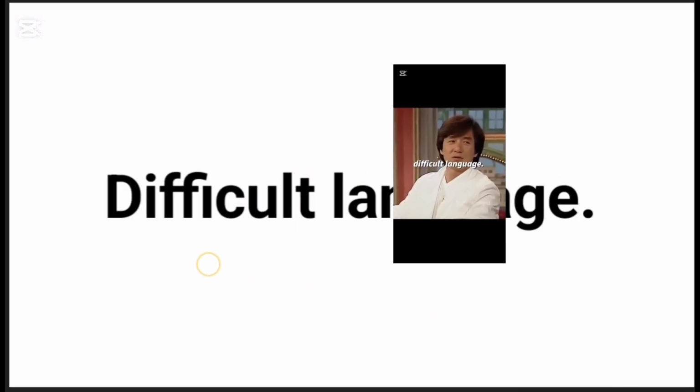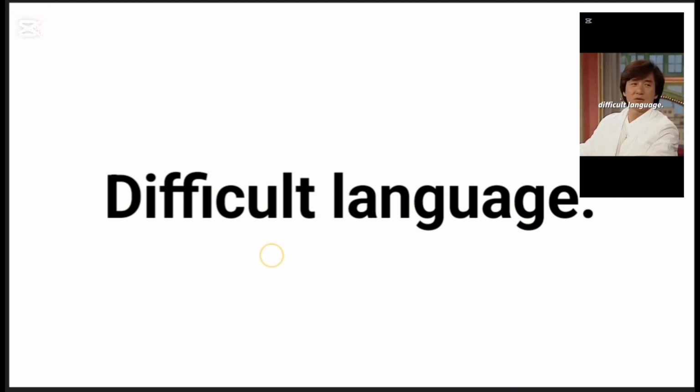He pronounced this, difficult language, and you notice he does not pronounce difficult fully. He does not pronounce the last two letters and very smoothly links these two words together.